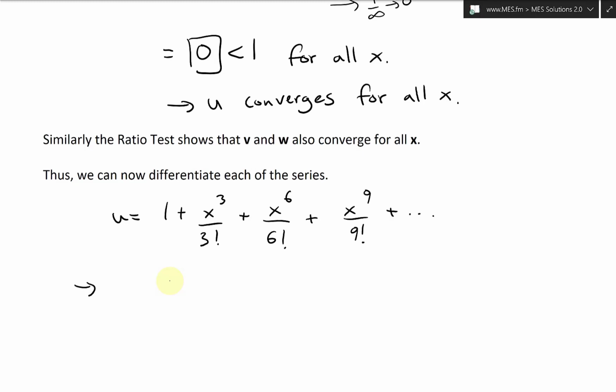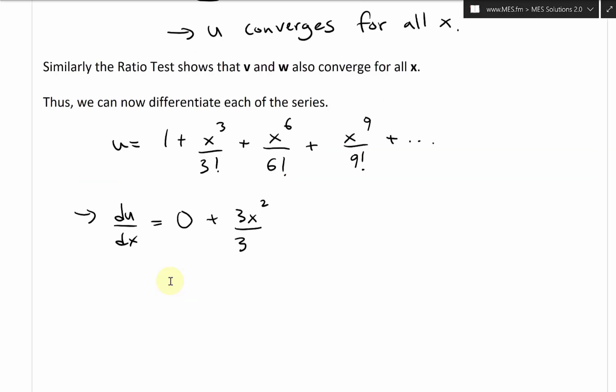And now du over dx, take the derivative, equals, well, the first one's going to be 0. The next one's going to be 3 goes down, and we remove a power. There's a 3 factorial. Like that.